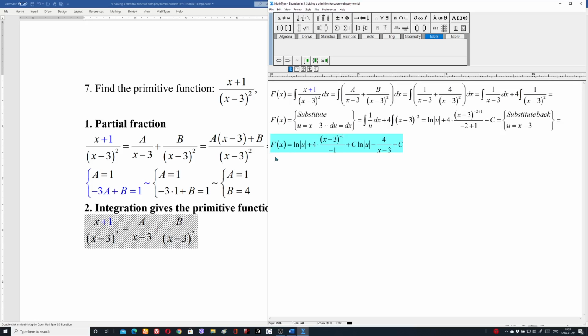let me check if I did right. So, but now before I do that, I must substitute here. I will substitute the x minus 3. So now I have a ln x minus 3.